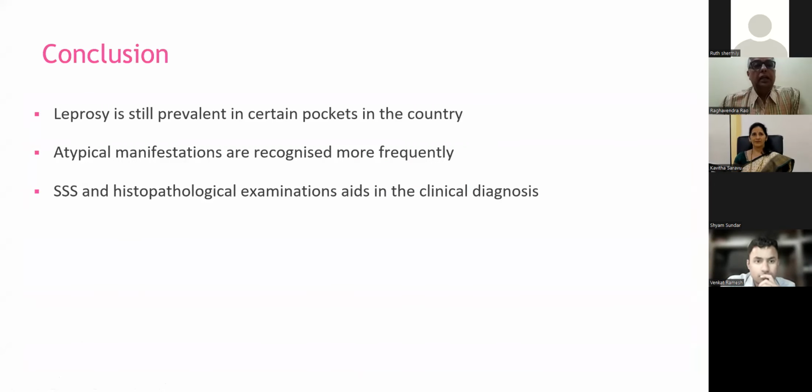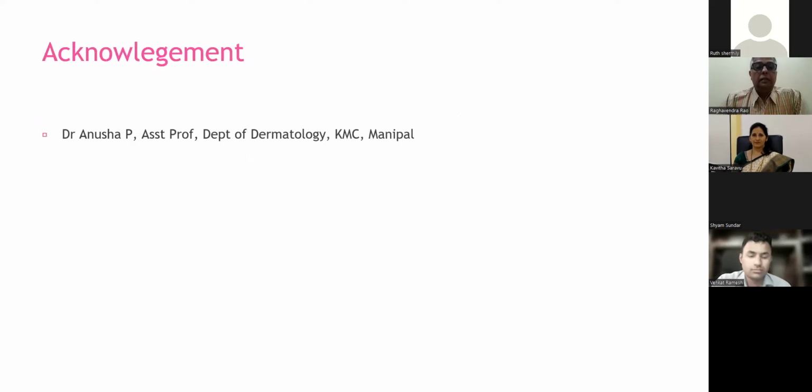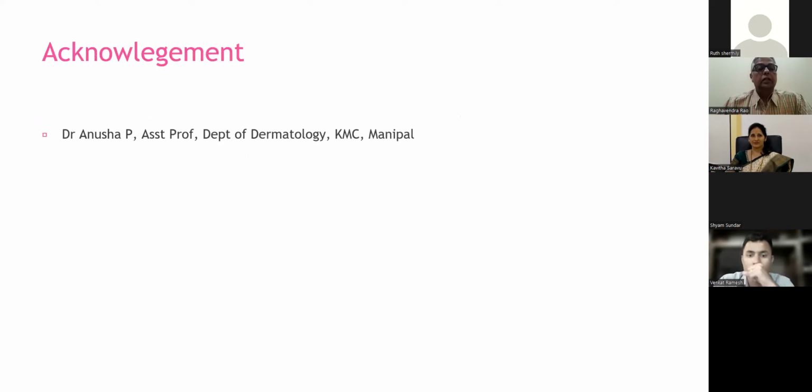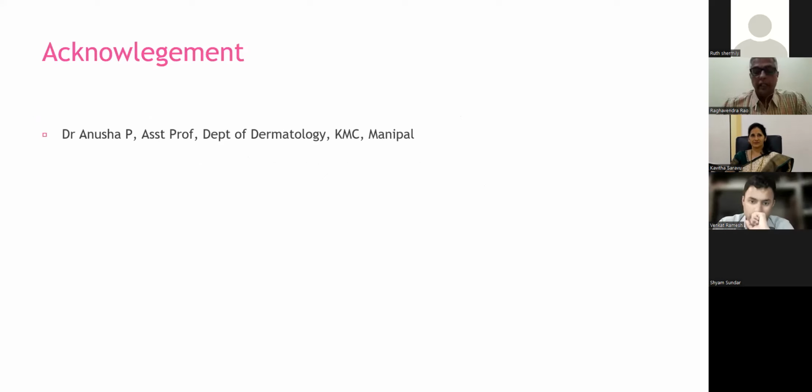So to conclude, leprosy is still prevalent, and we need to consider the possibility of leprosy, especially when somebody has atypical manifestations, need to do smear and histopathological examination, and ultimately it is the clinicopathological correlation that is very important, and clinicians should examine these patients with an open mind so that a correct diagnosis can be arrived at. I would like to acknowledge the contribution of my colleague, Dr. Anusha, in sharing some of the cases.